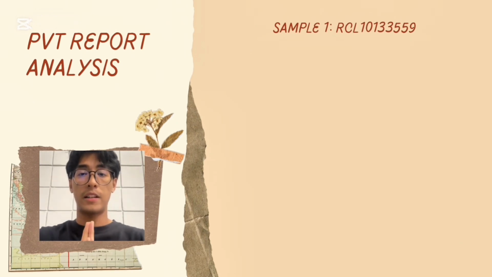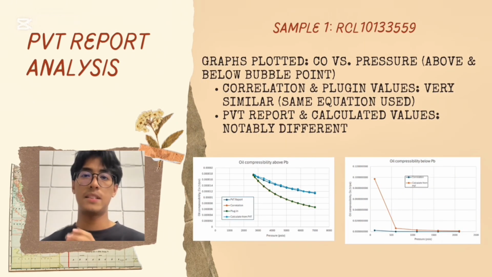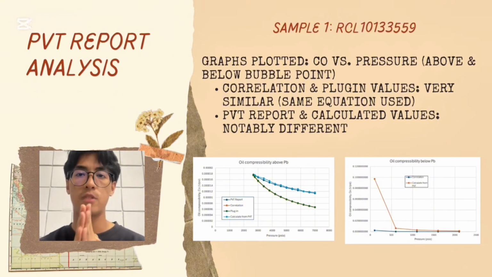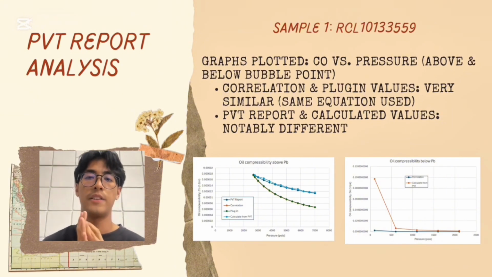So for the graphs for oil compressibility above bubble point pressure, it can be seen that the values from correlation and plug-in are quite similar, giving graphs which are quite similar in shape with little to no difference.